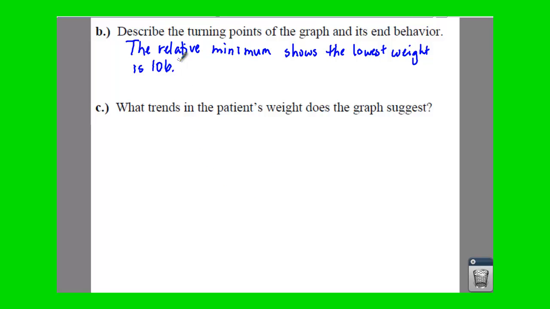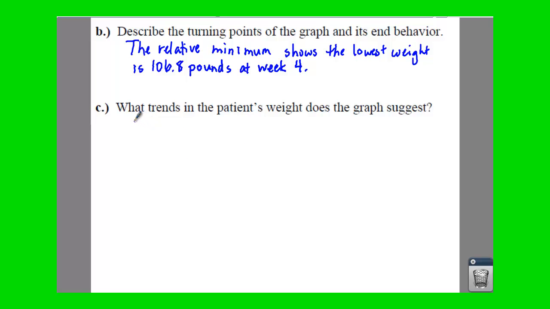Let's see, is that pounds? It's 106.8. I think it's pounds. Let's double check. Yeah, pounds at week 4. So that's what our turning point shows here. Now we don't have a relative max because the graph keeps going up.